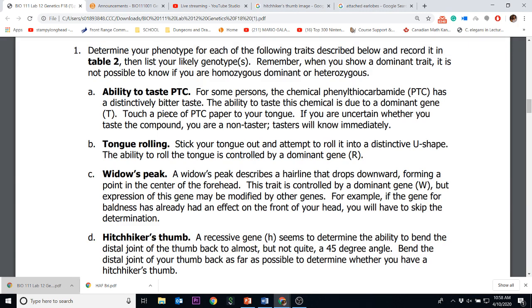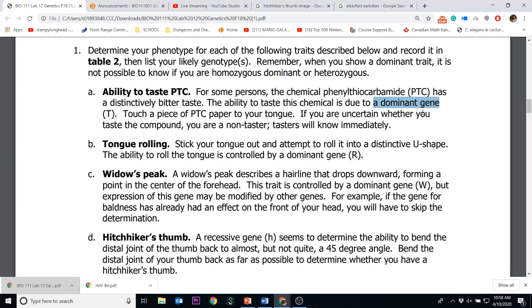If you can taste PTC and it's bitter, then you have a dominant gene. Okay, so it's a big T. So people that can taste PTC are either heterozygous dominant or homozygous dominant. So people that cannot taste PTC are going to be homozygous recessive.